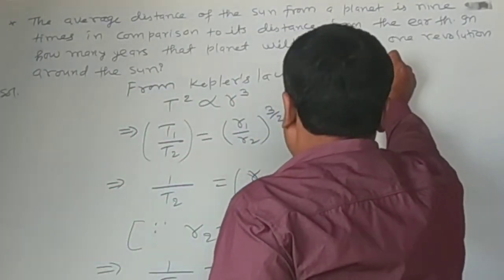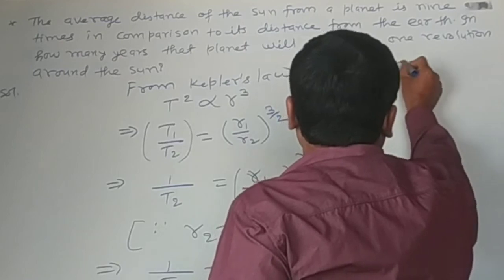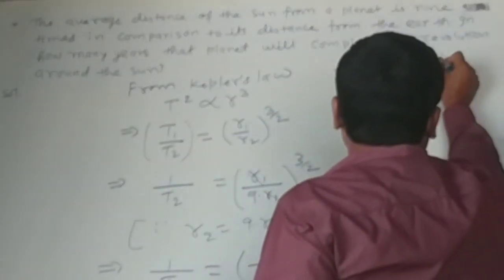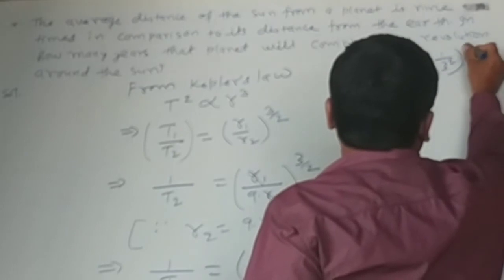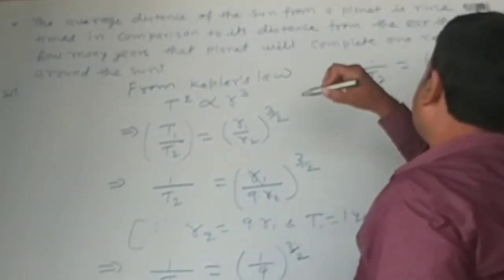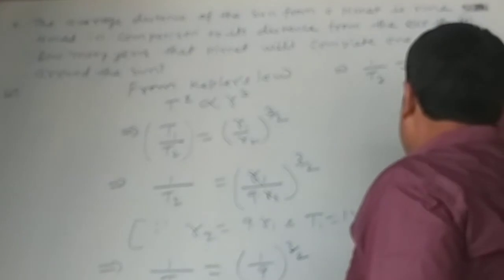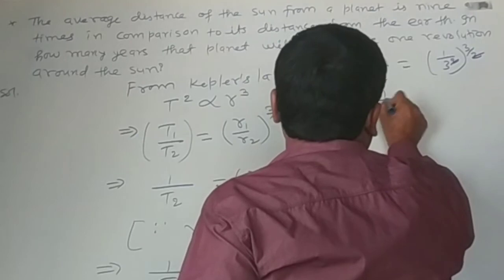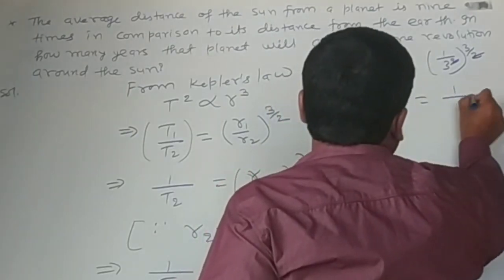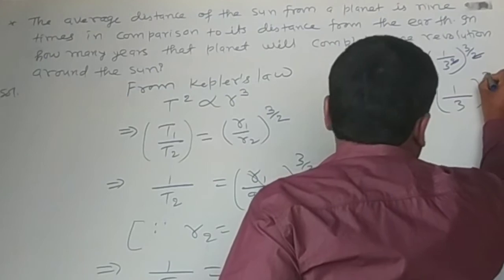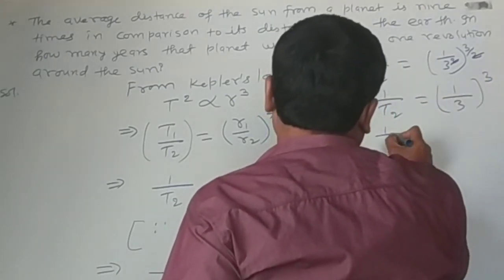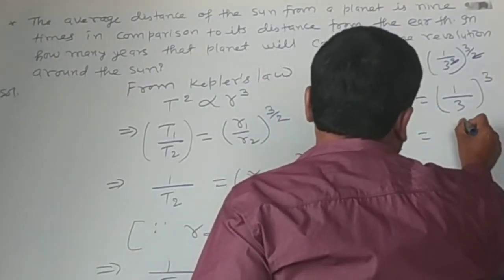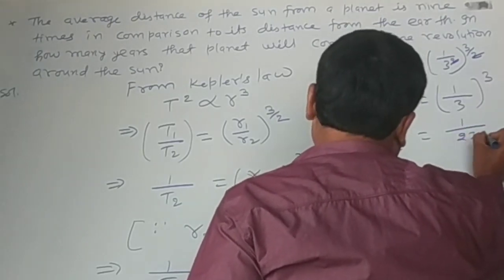That implies 1 upon T2 is equal to 1 upon (3 square) to the power 3 upon 2. These two cancel these two, and therefore 1 by T2 is equal to 1 by 3 to the power 3. That implies 1 by T2 is equal to 1 by 27.